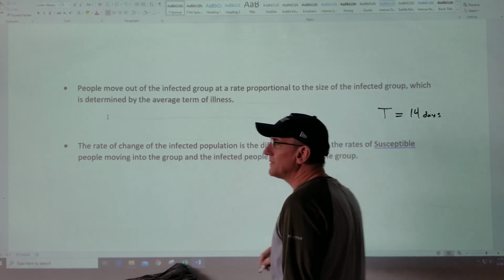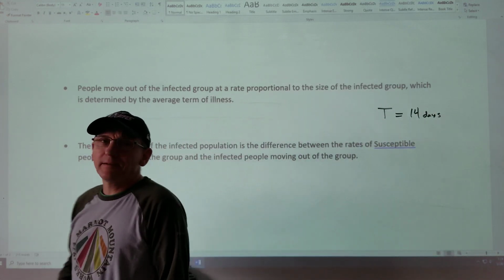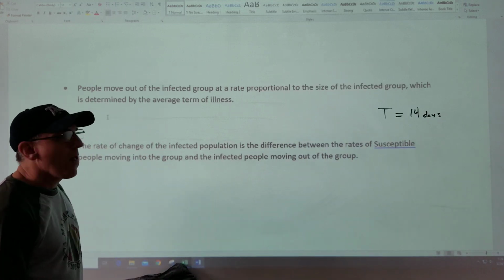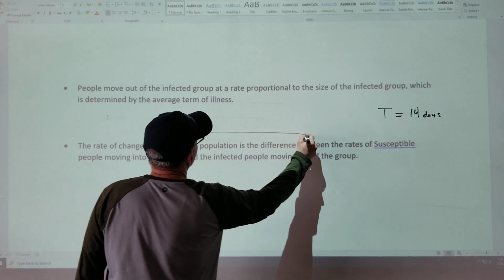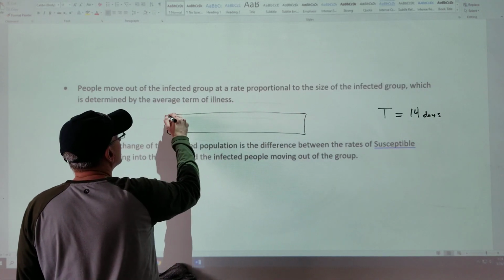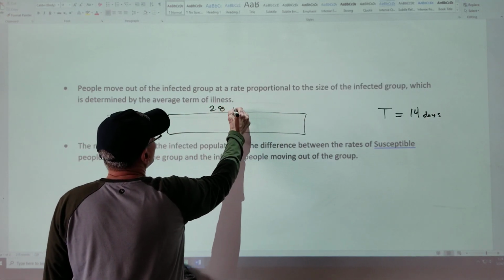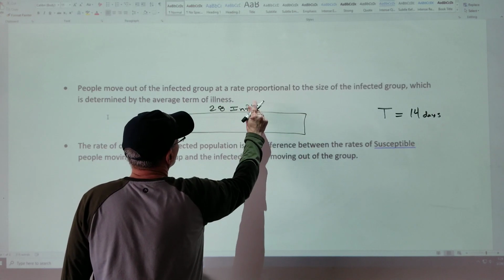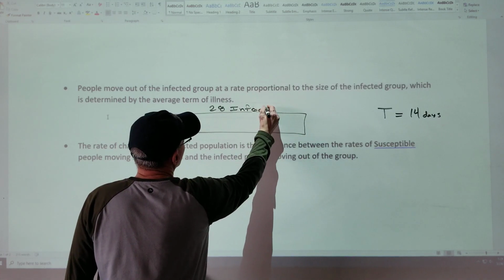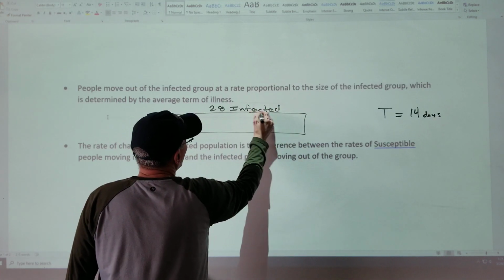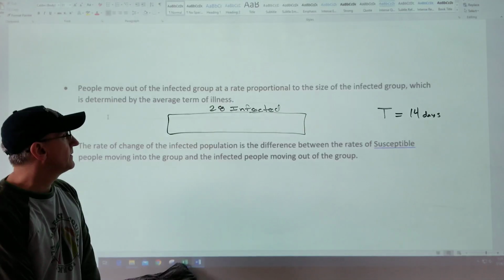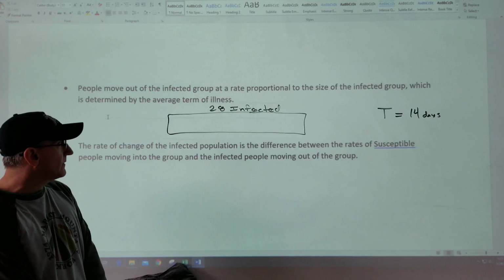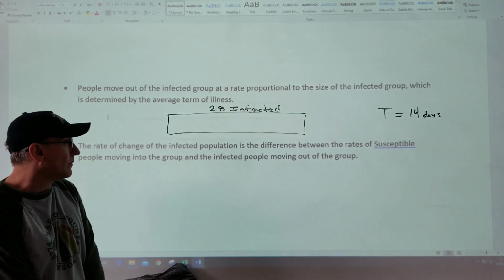And just because 14 goes nicely into 28, let's pretend that we have 28 infected people, represented by the length of this rectangle. 28 infected people. Well, they didn't all get sick today. Some of them are newly infected, and some of them have been infected for a week or more.